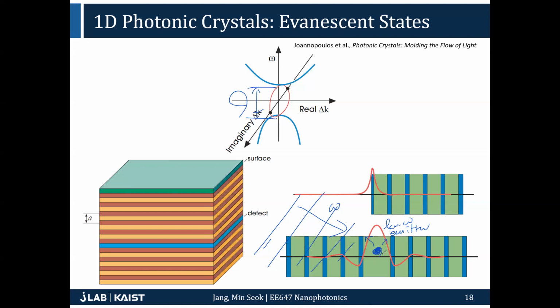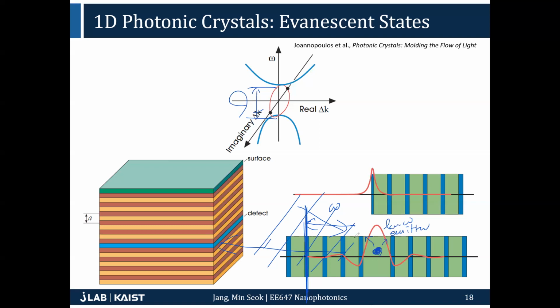And then you can basically excite this mode. And there are many other ways. There are many different ways to excite a defect mode. For instance, say you have a defect mode here, and your photonic crystal does not go all the way to infinity, but you cut it at a certain point.